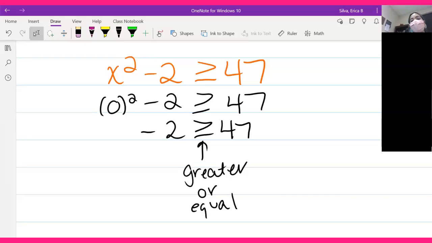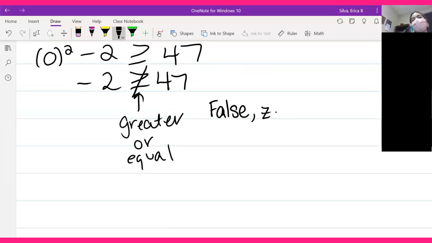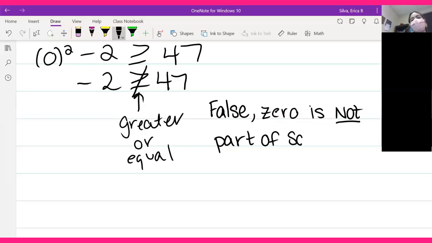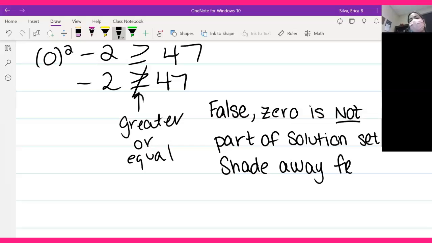So this statement is false. -2 is not greater than 47. So because it's false, that means that 0 is not part of the solution set. So we shade away from 0.